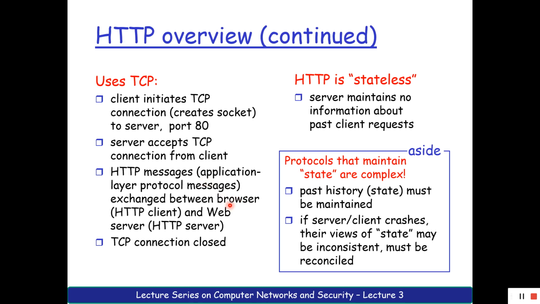How do you send this request? Via a browser. A browser can be anything: Mozilla Firefox, Google Chrome, Internet Explorer, Opera, any of them. You go to that browser and type google.com.